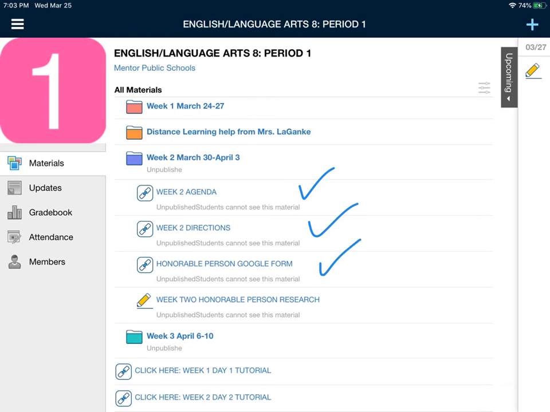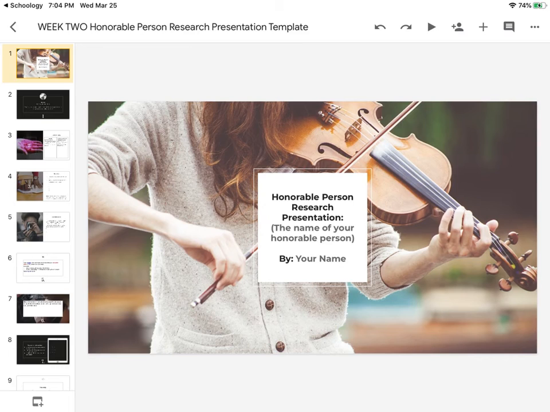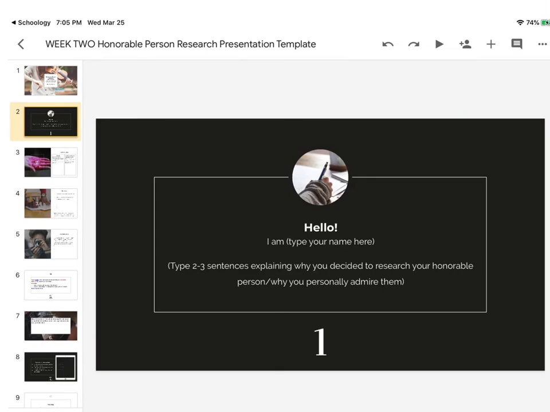After you've submitted the Google form, go ahead and open the slides, the Week 2 Honorable Person Research. So your slides will look like this. On your first slide, you're going to type in the name of the honorable person there and put in your name. Then go to the next slide and fill in this information.